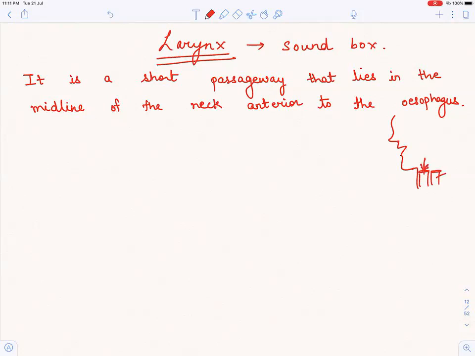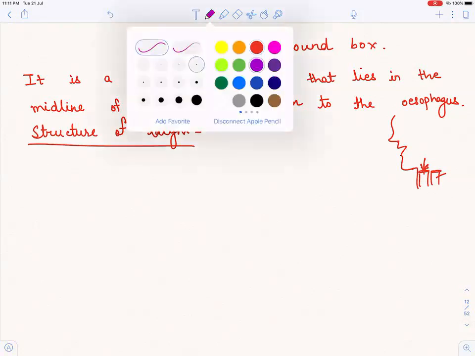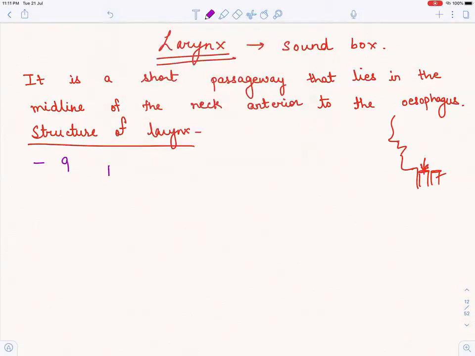Now we'll study the structure of the larynx. The important thing to understand here is that it is made up of 9 pieces of cartilage, in which 3 are paired and 3 are unpaired.